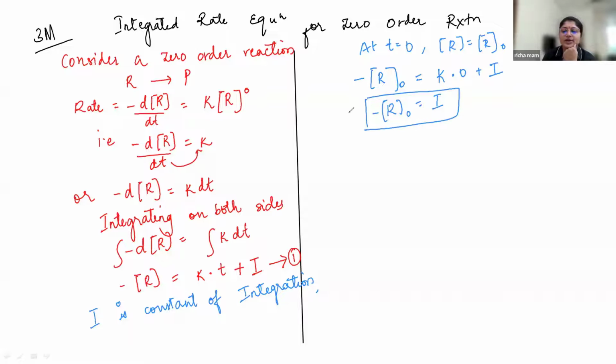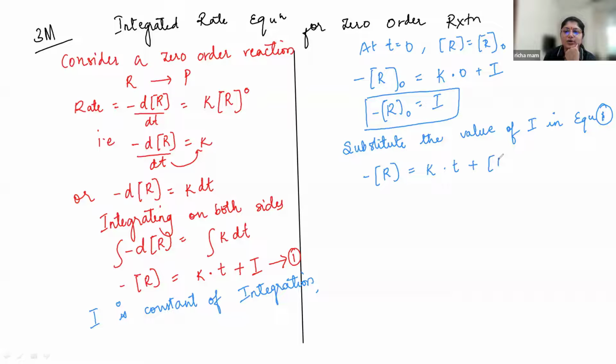Got it? Now what we have to do is substitute the value of I in equation 1. So minus R is equal to Kt plus R naught.